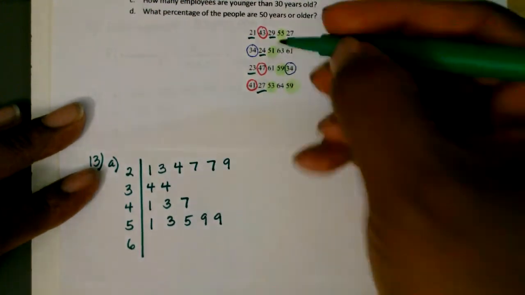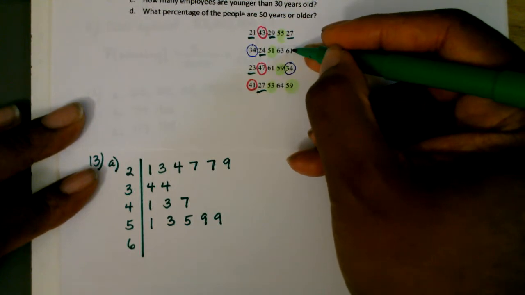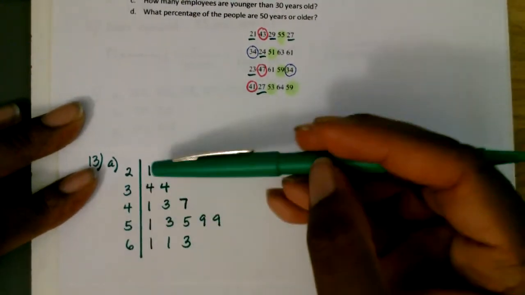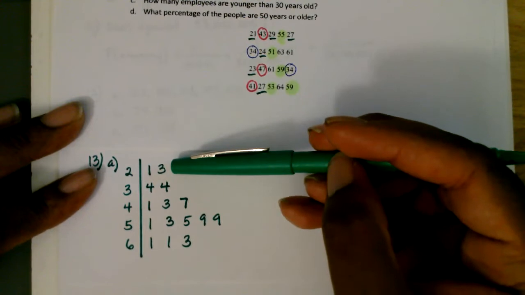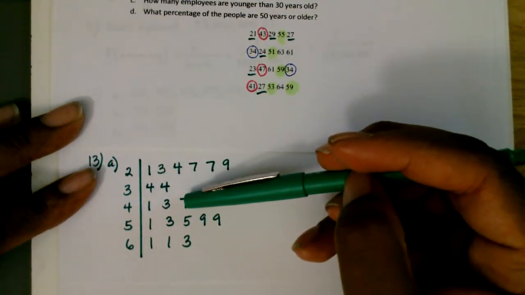And then last are the 60s. Well, I got 61, 63, and 61 again. So another 1, a 1, and a 3. And here I need to count those leaves to see if they add up to 20. So that's 6, 8, 11. And I'm missing something here.